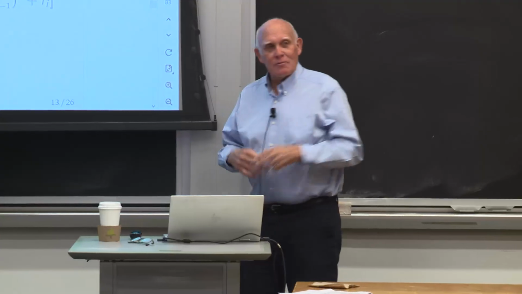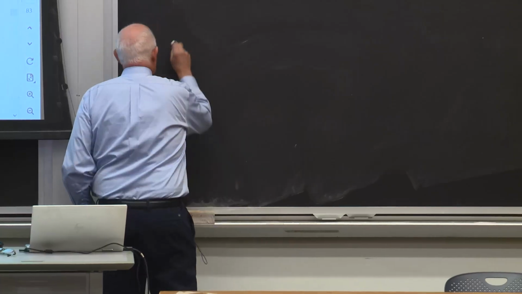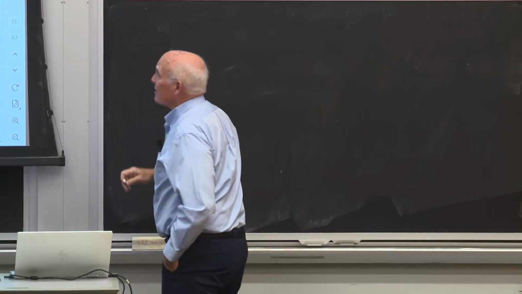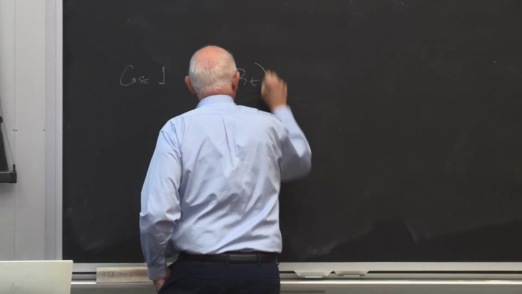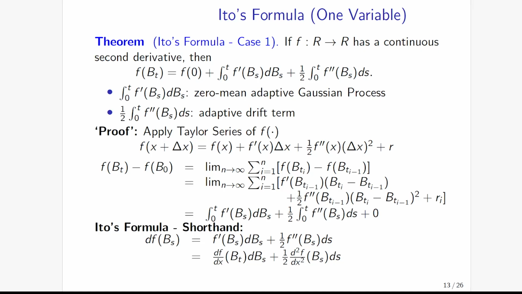And so from last time, we covered the Ito formula for the single case, where we have the function of a Brownian motion, a function of one variable.